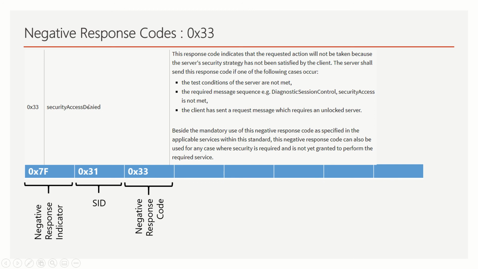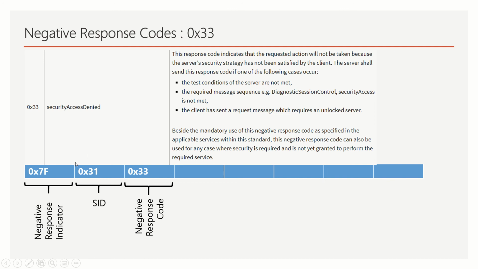To avoid that error, you first need to use the 27 service, security access, and once you unlock the ECU, then you can use this. Until you unlock the ECU, you will get this error, which is security access denial. So that is 7F 31 and 33.